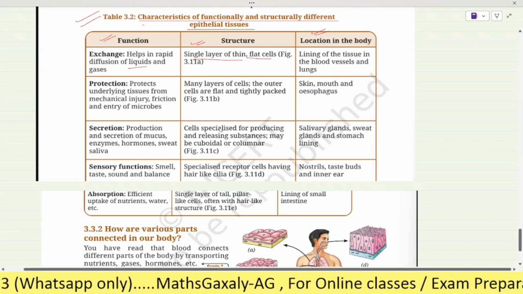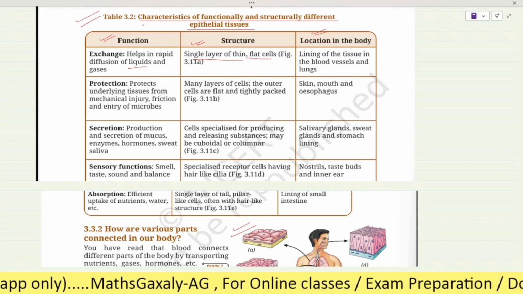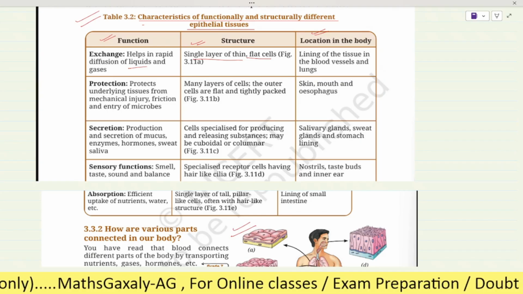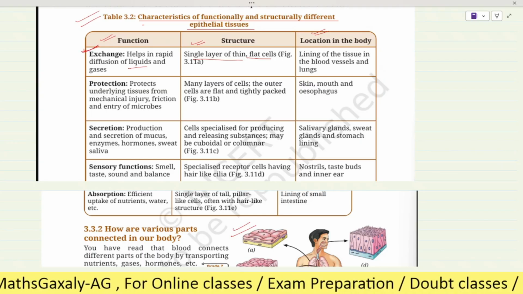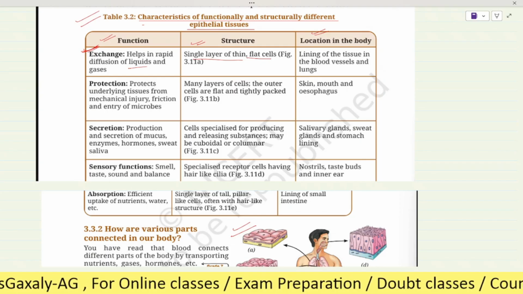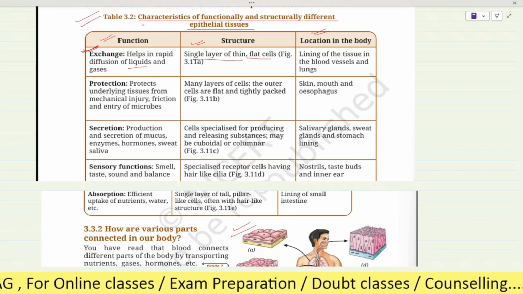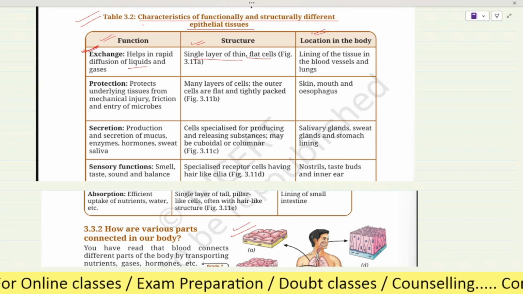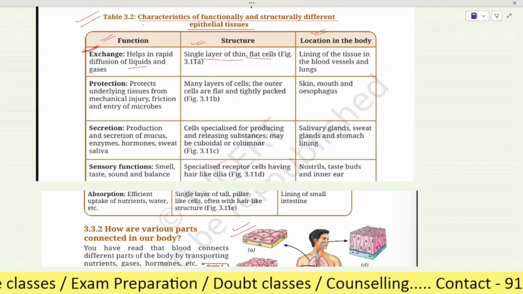See figure A. As you can see, its function is exchange. The function is to exchange gases, or the liquids, diffusion of liquids and gases. So we can easily understand where it will be located.